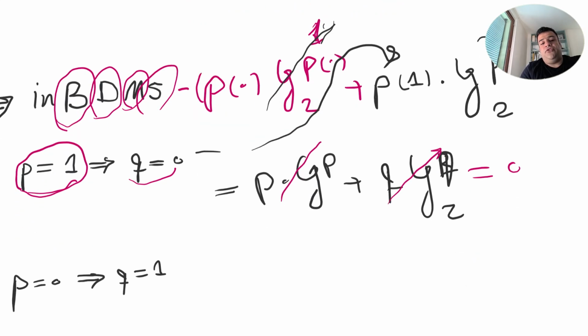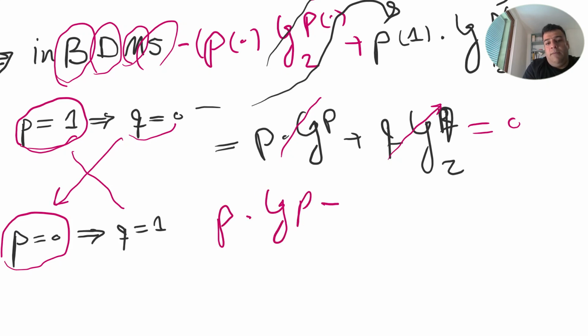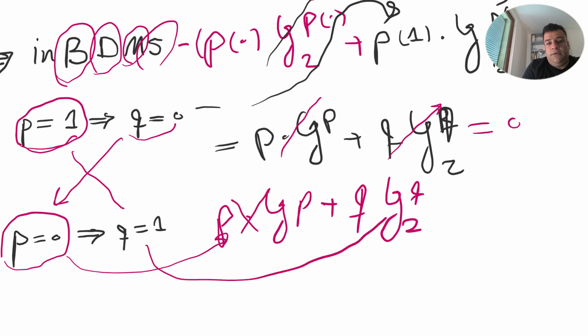And it is symmetric. Also, in a binary discrete memoryless source, when your p is 0, it changes: exactly, that is p times log p plus q log q in base 2. Therefore this part is cancelled, and log of 1 in any base, you know, is 0. Therefore, this part is 0.